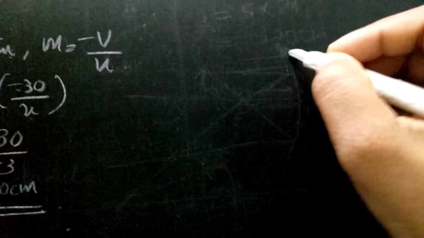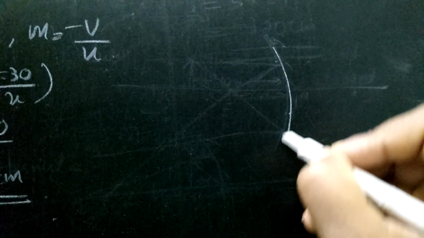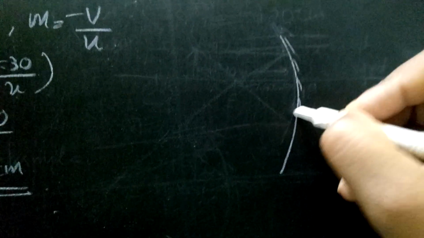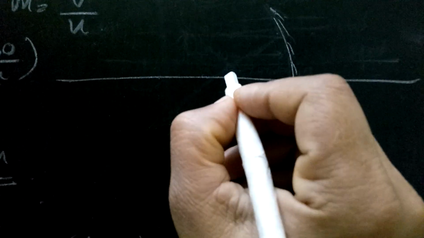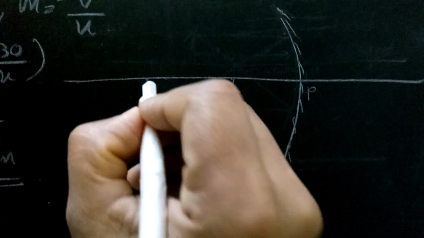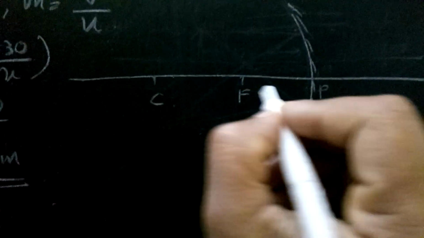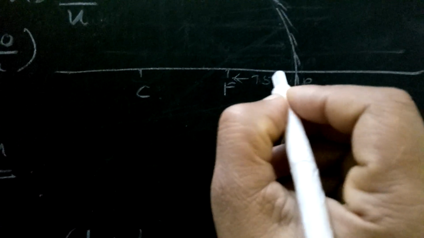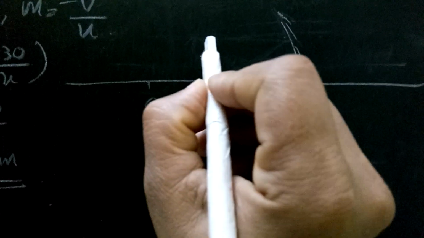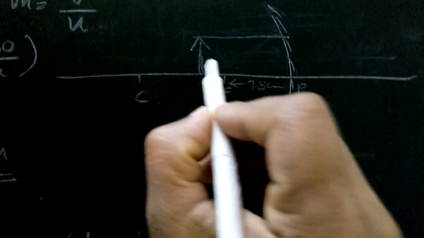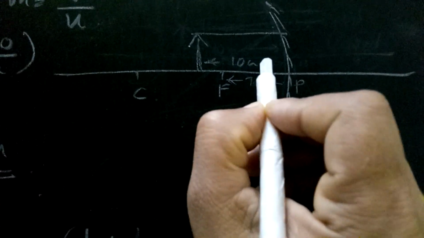I will draw it again. Here P, then F, then C, and here it is 7.5 centimeter. You should keep the object here, and here it is 10 centimeter.